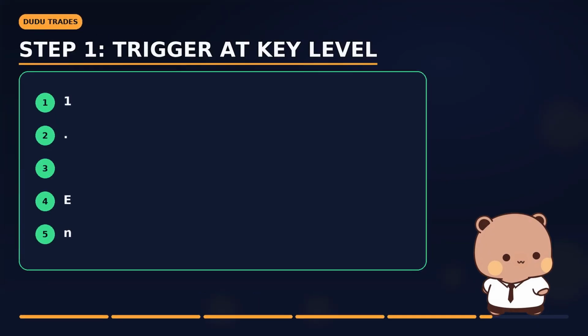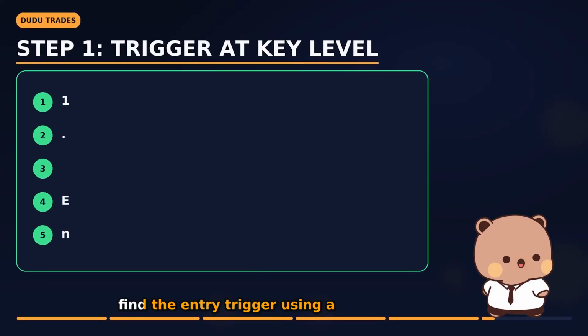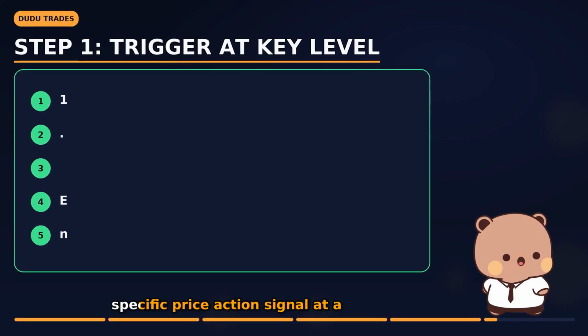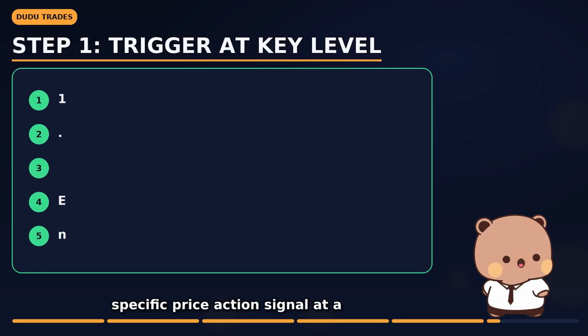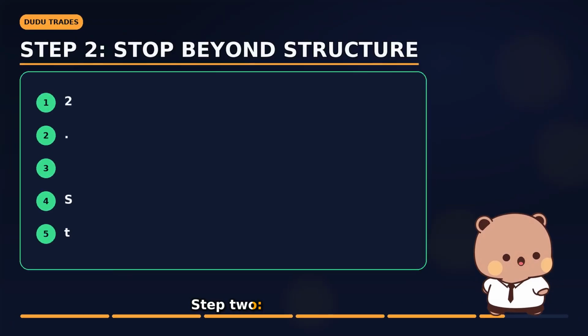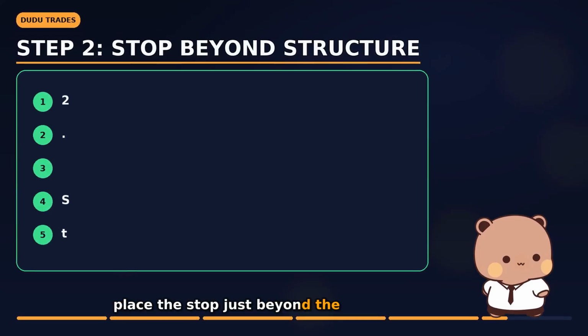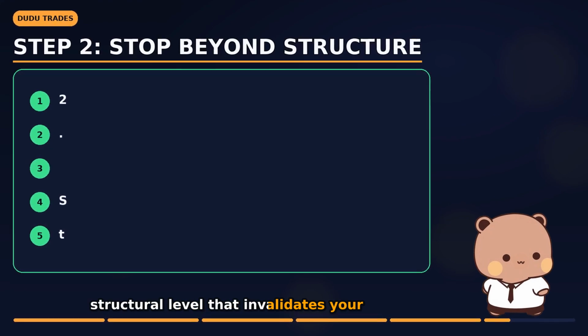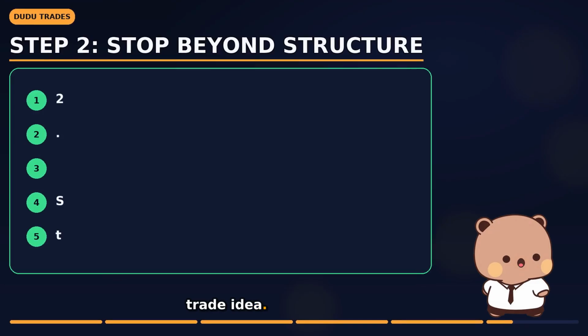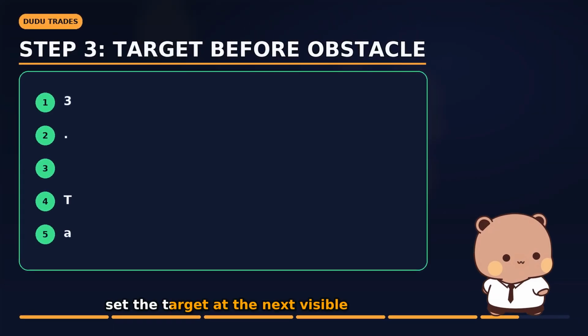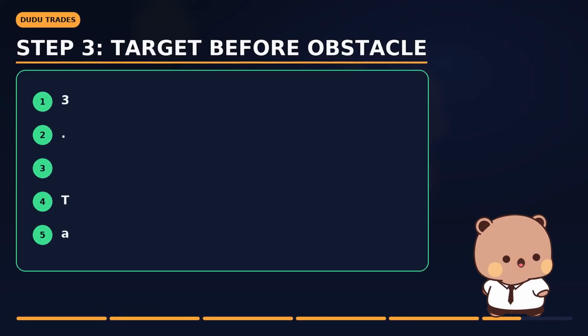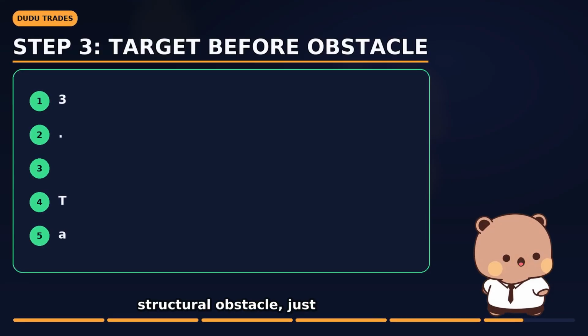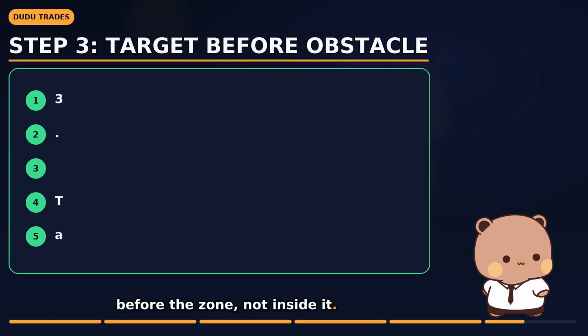Recap time. Step 1. Find the entry trigger using a specific price action signal at a key level. Step 2. Place the stop just beyond the structural level that invalidates your trade idea. Step 3. Set the target at the next visible structural obstacle just before the zone, not inside it.